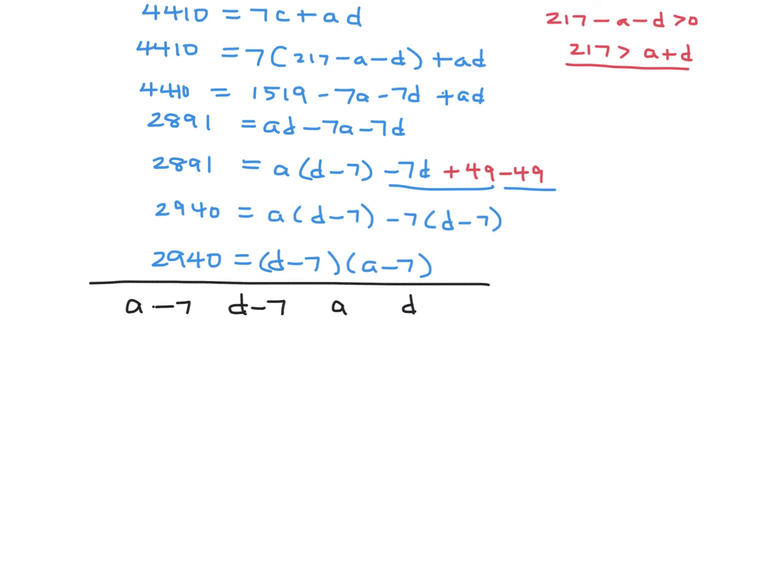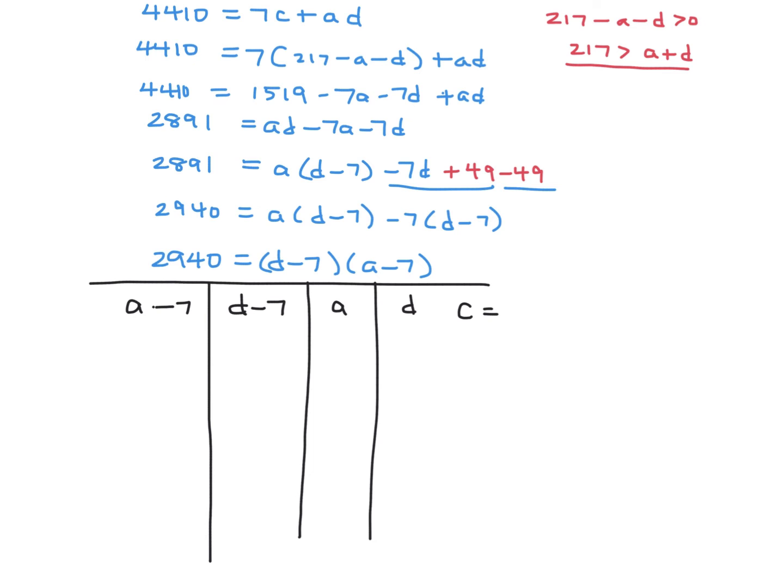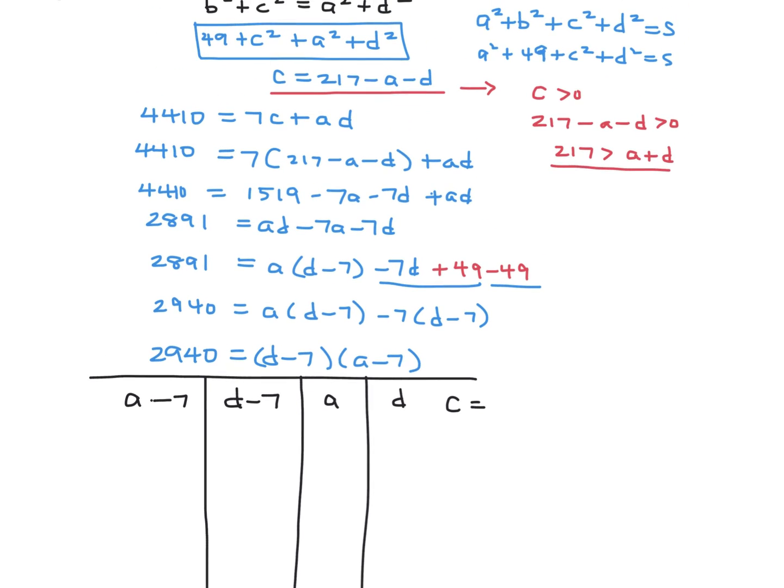And then a minus 7 times d minus 7 has to equal 2940, so that's the way you choose it. And then you can figure out c, which was up here, 217 minus a minus d. That would be a pretty simple calculation. And then finally we can figure out what it is we really want to figure out, which is this guy.